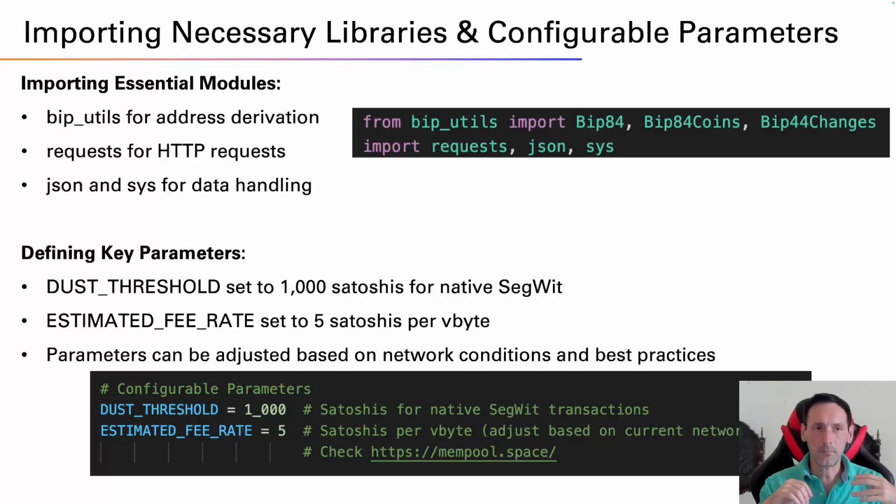In doing that, I ensure that I never end up with UTXOs that are too small, close to being considered dust. So I want to end up with a lot of UTXOs that are chunky enough, with a good significant amount of Bitcoin, so that my transaction fees are going to be a lot lower.